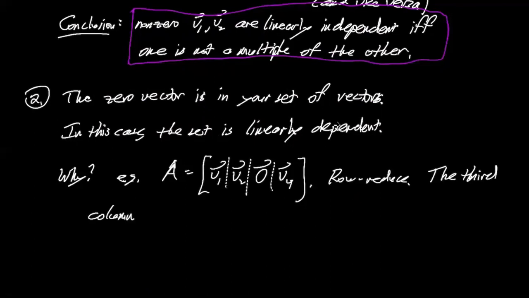If you do row reduction operations, all you're doing is adding things vertically or multiplying things, and a column of 0 stays 0. So it remains a 0 vector, and thus it's not a pivot column.